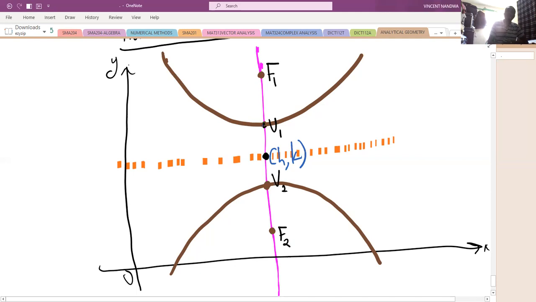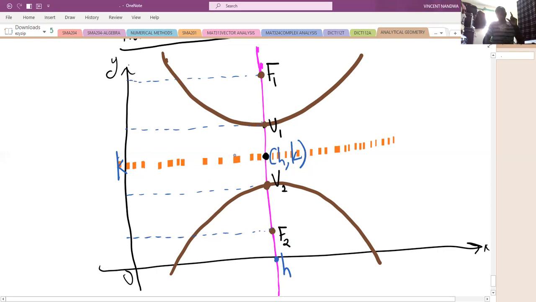So if this is h, k, then this must be h, and then this must be k. If you draw a parallel line to the x-axis through these points, then this will help us to read the coordinates of the foci and vertices much easier.